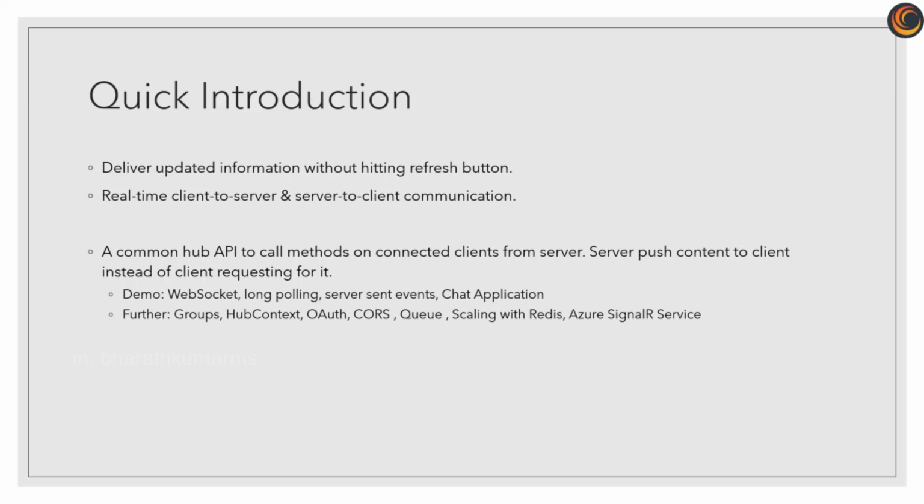In part 2, we will discuss more features in SignalR like groups, hub context, authentication, hosting, and how message queues help in delivery. Usually, for these types of pub sub use cases, it is better to use Redis to distribute messages for scalability, or you can consider using Azure SignalR service.